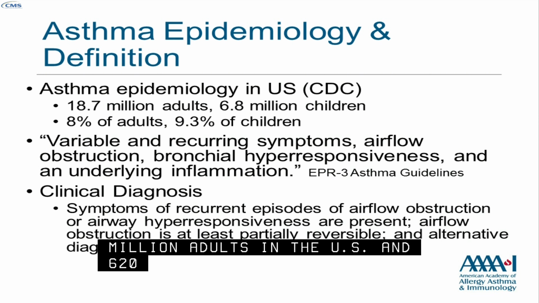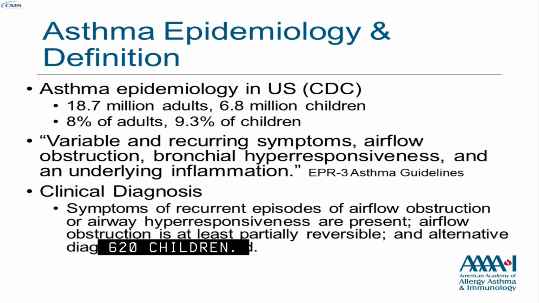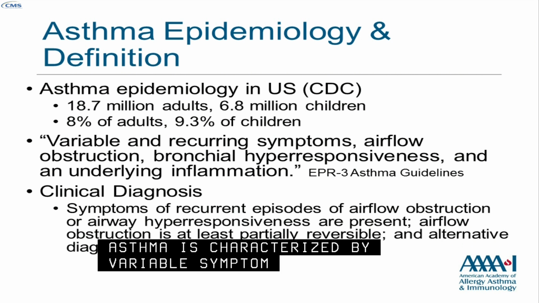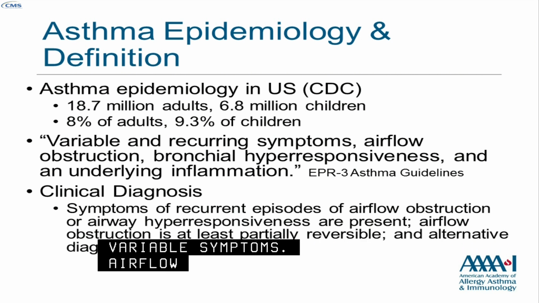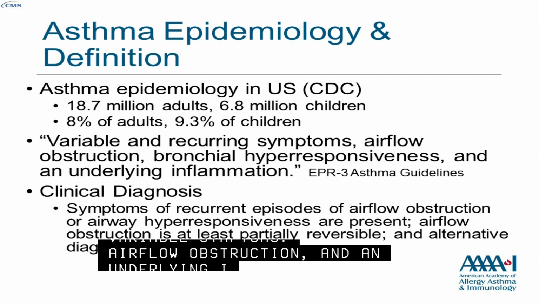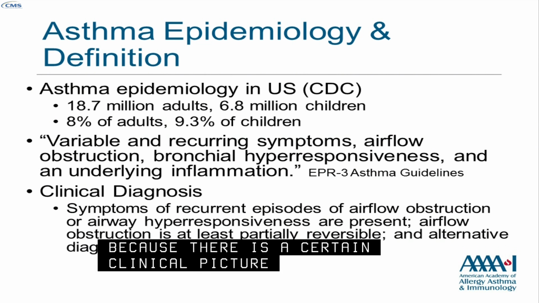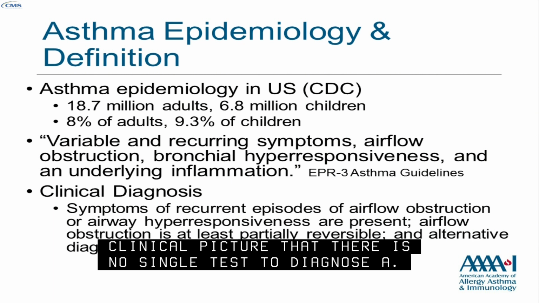And it's a clinical diagnosis. Asthma is characterized by variable and recurring symptoms, airflow obstruction, bronchial hyperresponsiveness, and an underlying inflammation. Because there's a certain clinical picture, there's no single test to diagnose it. The diagnosis is based on someone having a clinical picture consistent with these features.